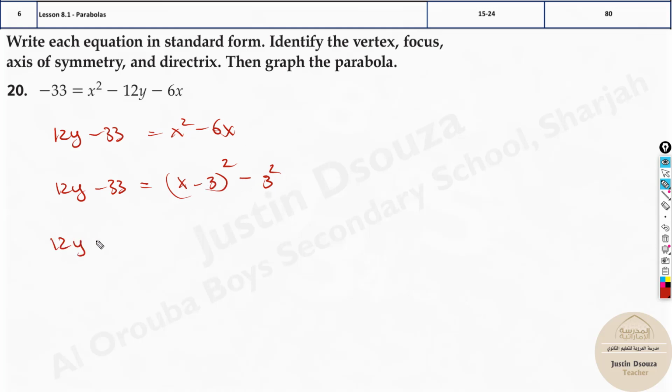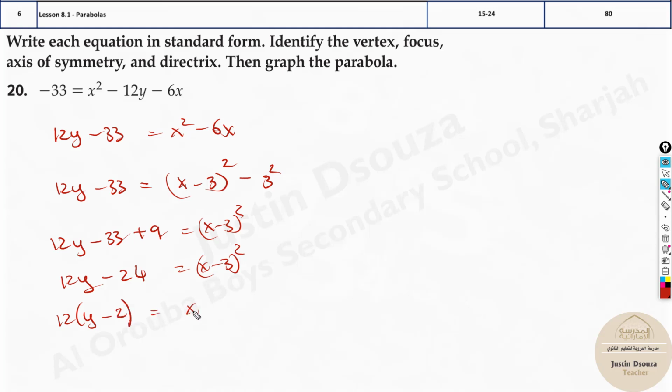It will be 12y minus 33, this minus becomes plus 3 squared, 9, is equal to x minus 3 the whole square. Now what happens over here? It is minus 24, right? And your 12y is equal to x minus 3 the whole square. Take 12 common out over here. You're remaining with y minus 2 is equal to x minus 3 the whole square.